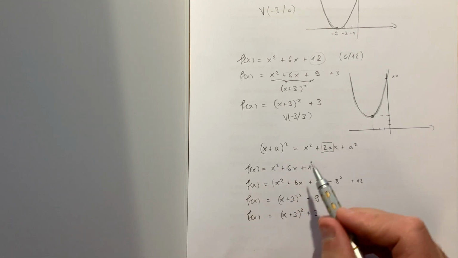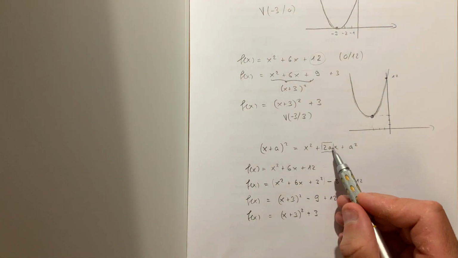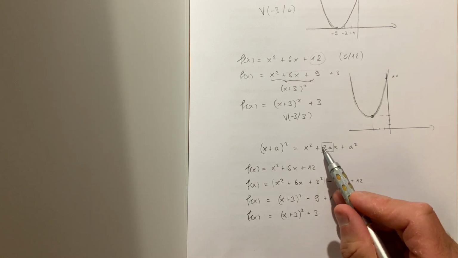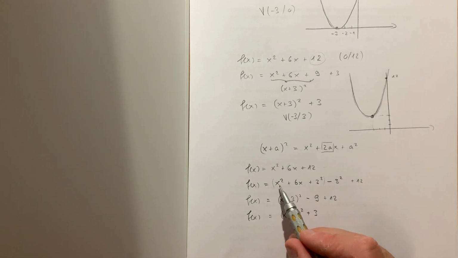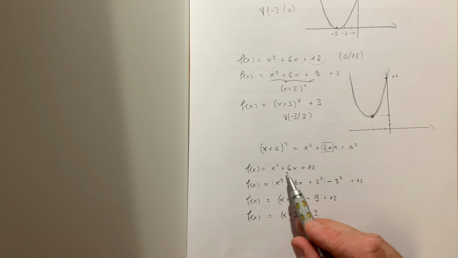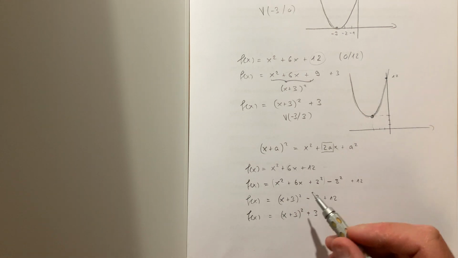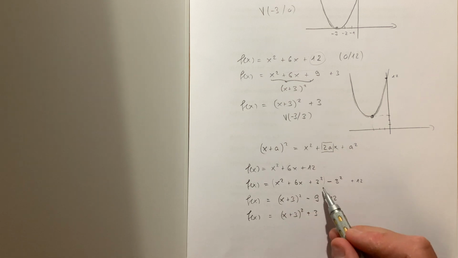x plus a squared is x squared plus 2ax plus a squared. So the number here in front of the x is always twice the number that we're going to square back here. So if we wanted to make this a perfect square, that's why it's called completing the square. We want to complete the square. So we add half of this and we square it.